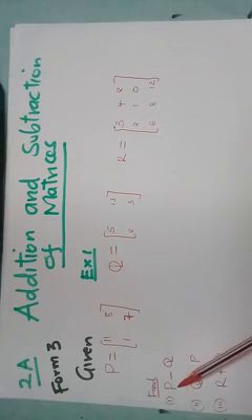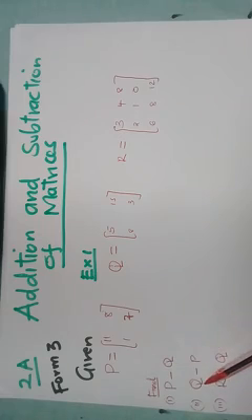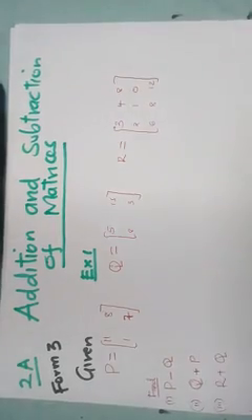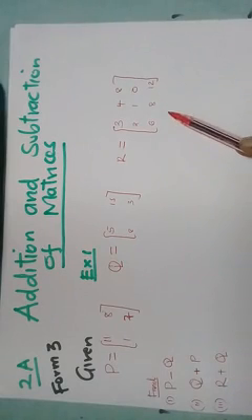We are supposed to find, Roman 1, matrix P minus matrix Q. Roman 2, we are doing matrix Q plus matrix P. Roman 3, we are doing matrix R plus matrix Q.